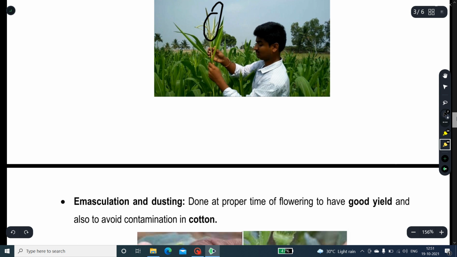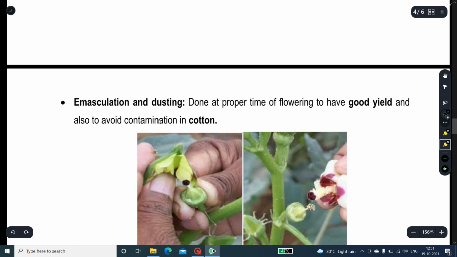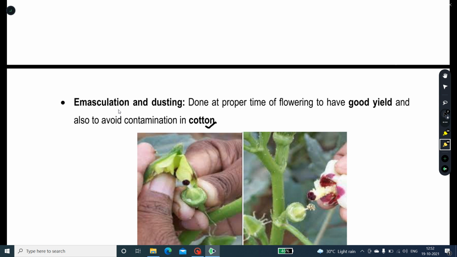And the next important one is emasculation and dusting. This is followed in case of cotton. Emasculation is nothing but removal of the male part of the flower, and dusting is nothing but the dusting of pollen to the female organs.